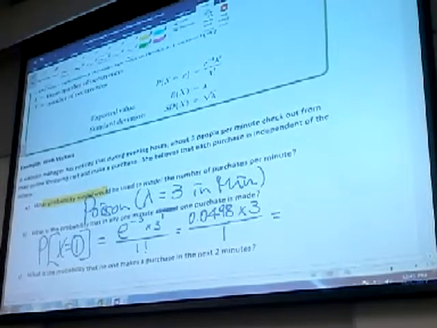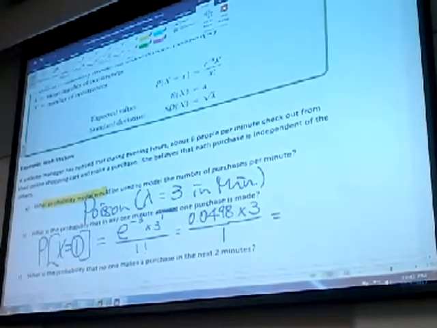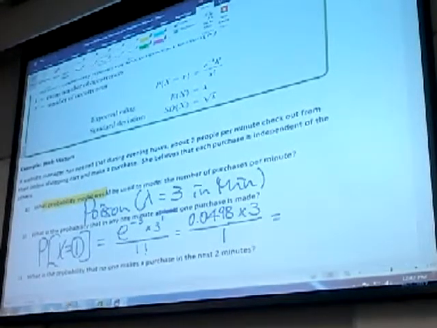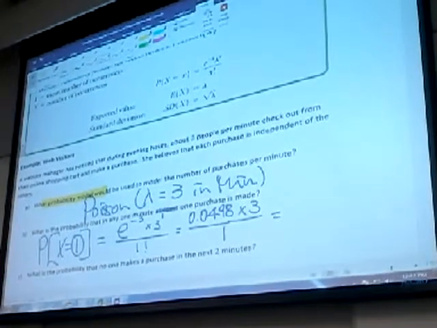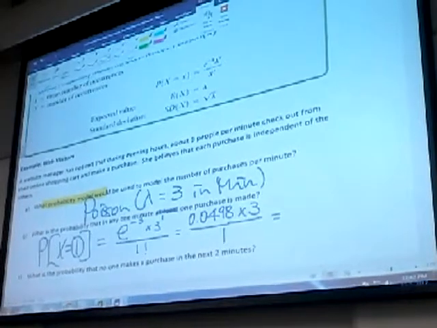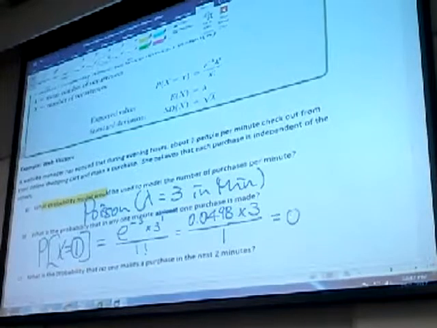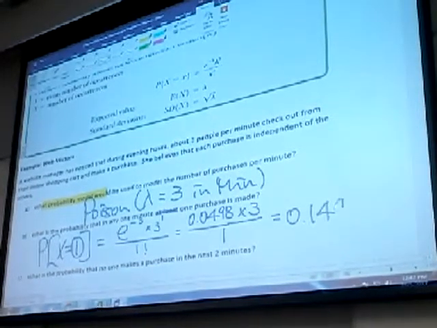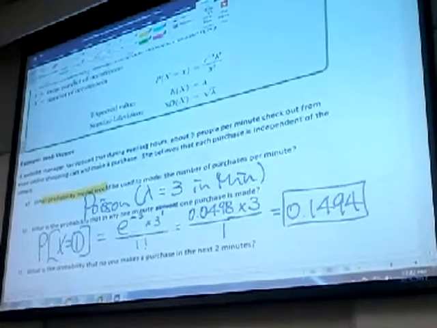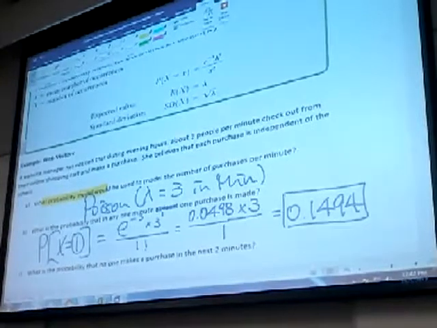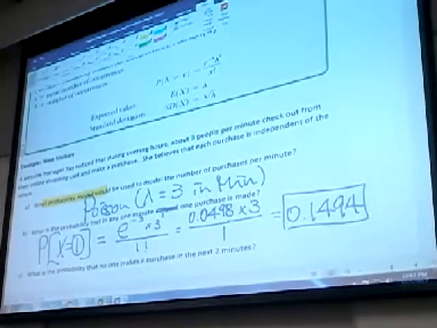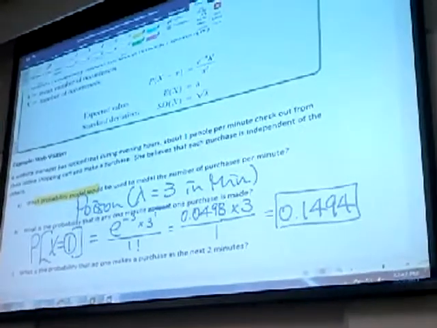So can you do the multiplication? 0.0498 times 3. How much? 0.1494. Good. It is the probability I will have only one customer in 1 minute.